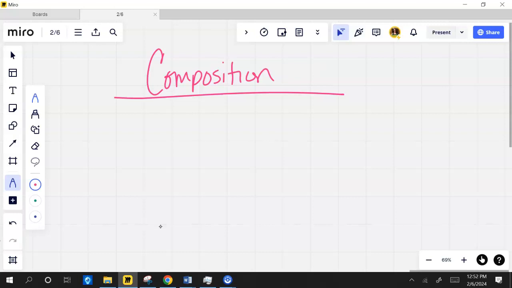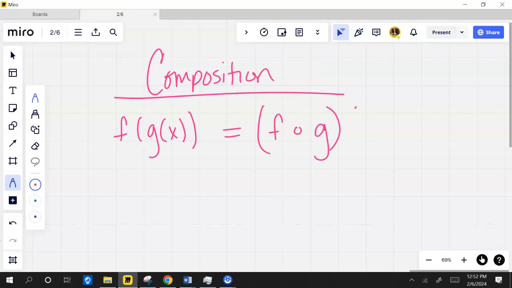Do y'all remember function composition? Composition is when we plug one function into the other. Oh, is this the one with the little circle dot? I had to do this in Math 1 too. It could look like this.